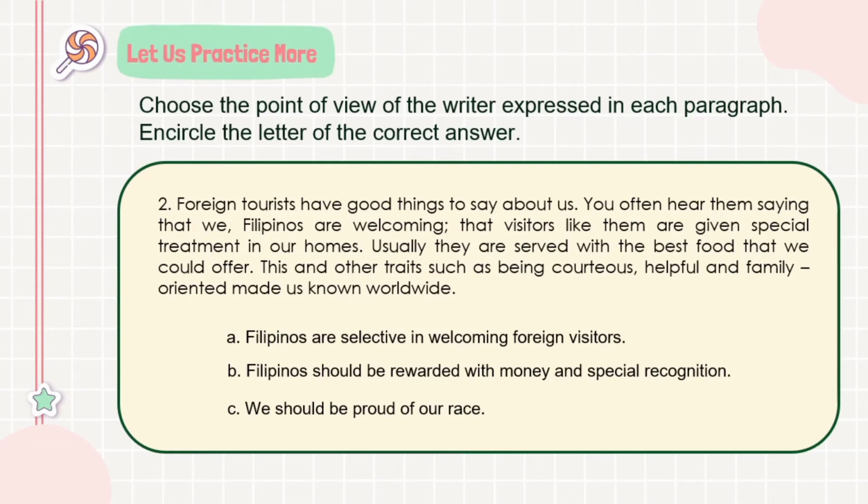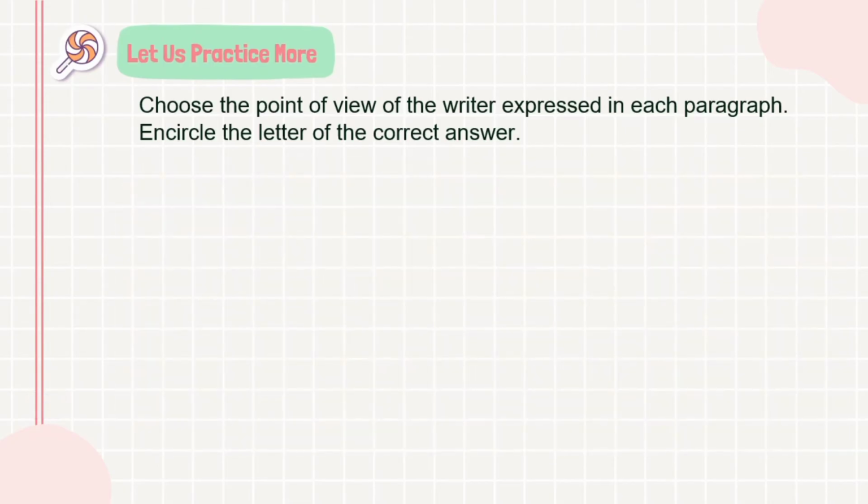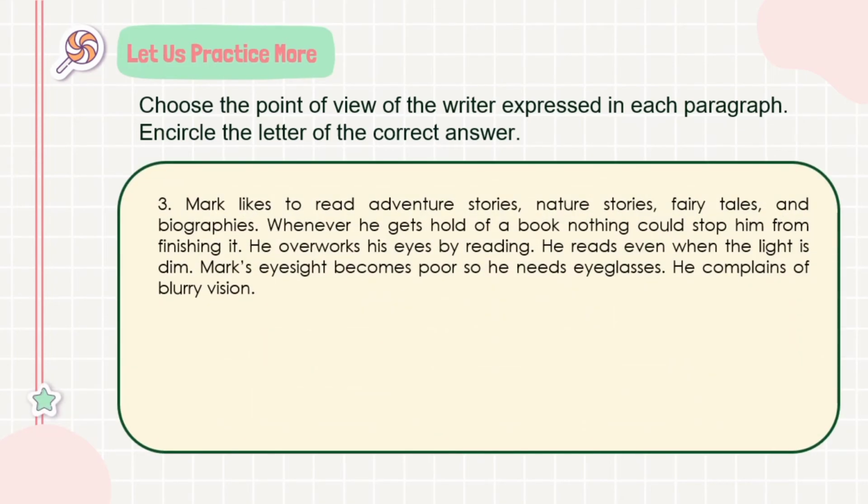How about number 3? Mark likes to read adventure stories, nature stories, fairy tales, and biographies. Whenever he gets hold of a book, nothing could stop him from finishing it. He overworks his eyes by reading. He reads even when the light is dim. Mark's eyesight becomes poor, so he needs eyeglasses.